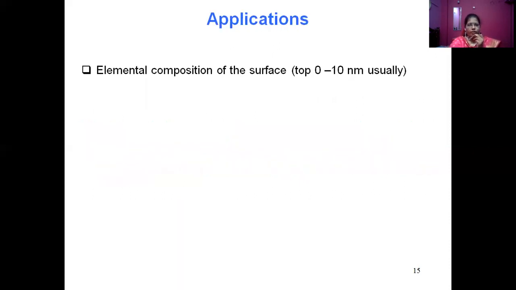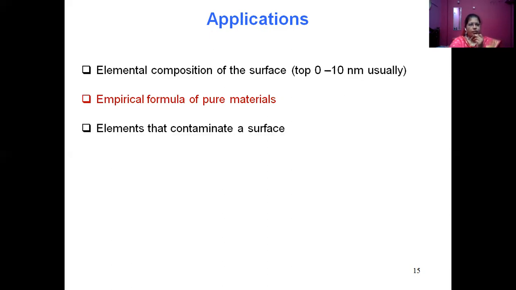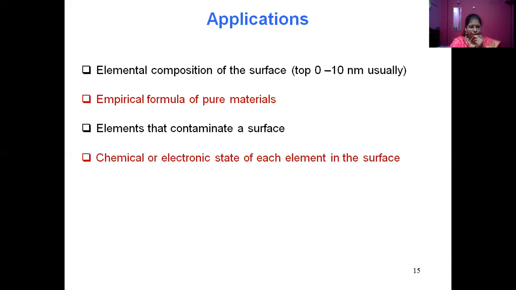So what are the general applications of XPS? We can study the elemental composition of the surface from 0 to 10 nanometers. We can also study the empirical formula of materials. We can see if any contamination is present on the surface.